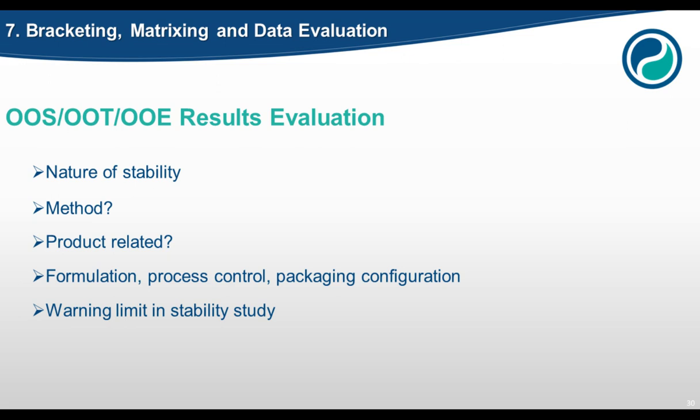If the OOS results are product related, the formulation and analytical scientists should openly and effectively communicate with each other and work together to nail down the cause. This might be formulation related or process parameter control related, which gives us the opportunity to further improve the formulation and the process control.